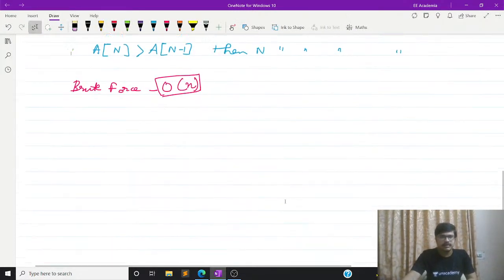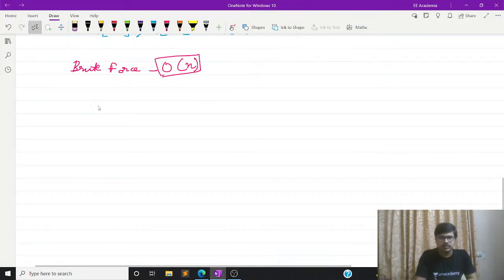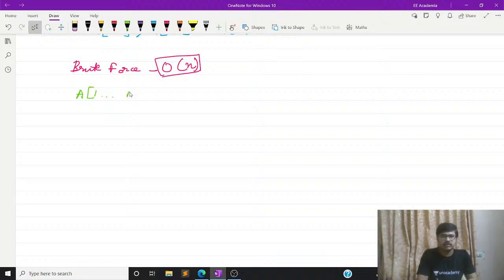Now let's see a very important thing. Suppose you are given an array containing the elements all the way up to n. Now, suppose we know that a of n by 2 minus 1 is less than a of n by 2.